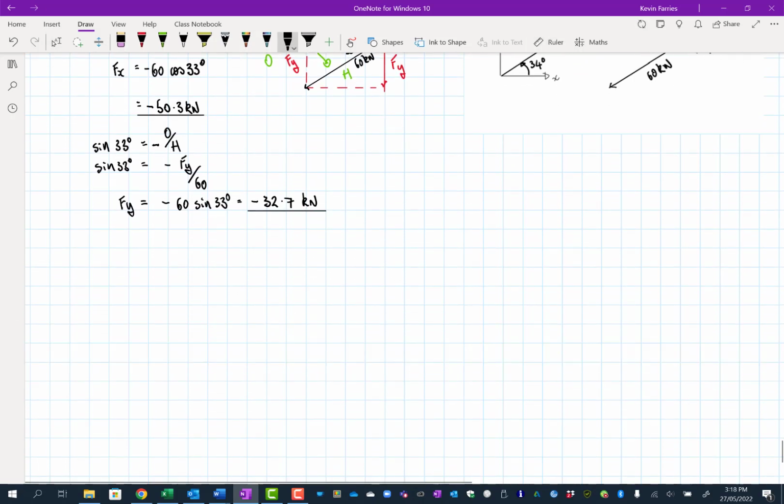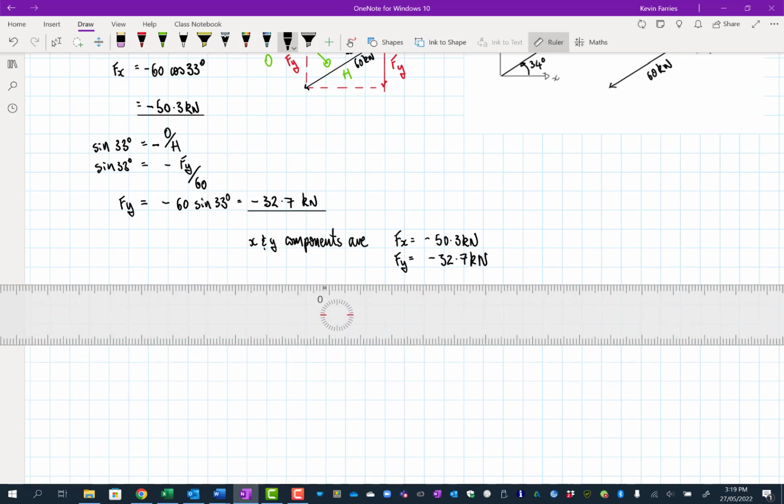Write the answer. So x and y components are f x equals minus 50.3 kilonewtons, and f y equals minus 32.7 kilonewtons.